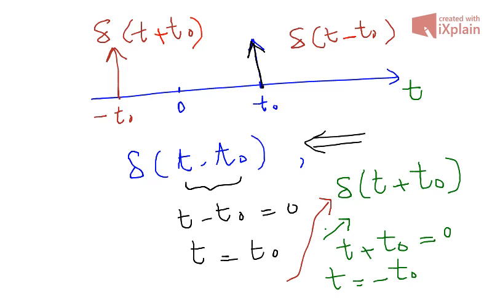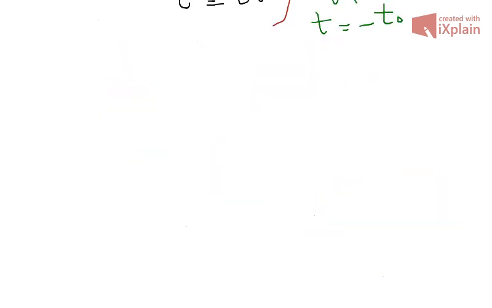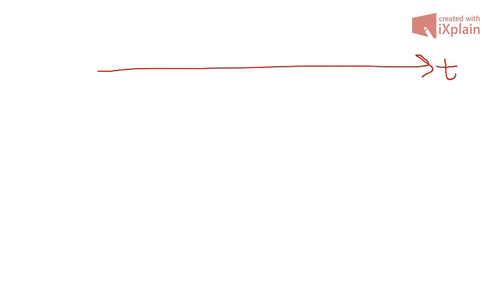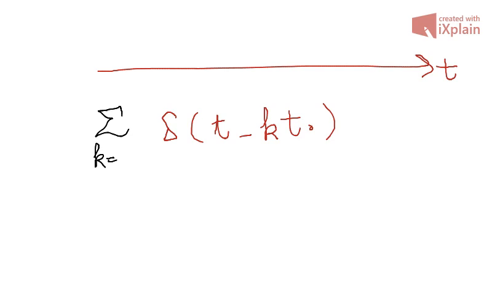Now you can have many other unit impulses. You can represent a train of unit impulses, such as this one. For example, this is my time axis, and if I say I have delta of t minus k t naught, for k suppose 1 to 3.